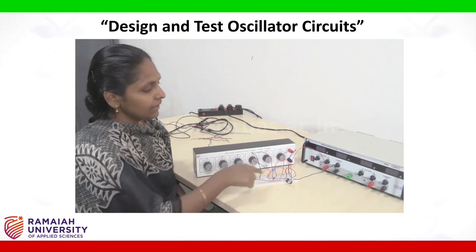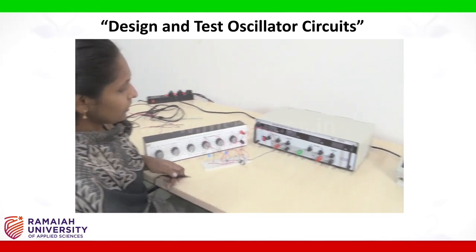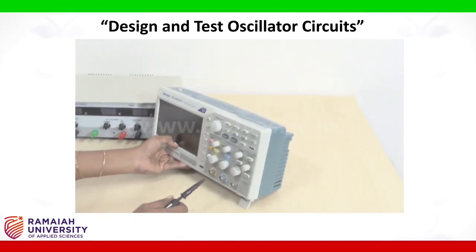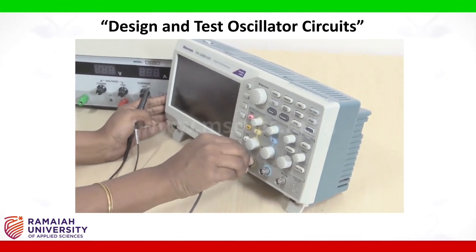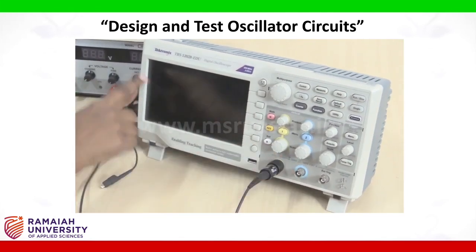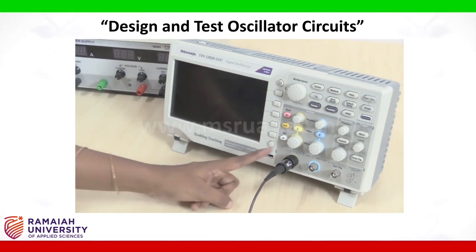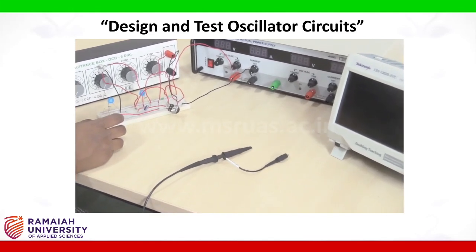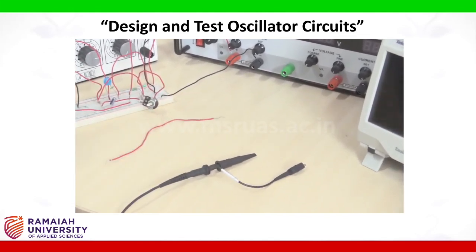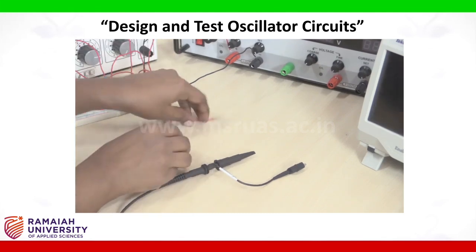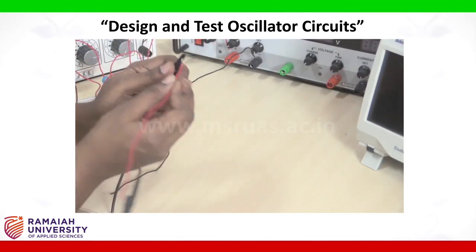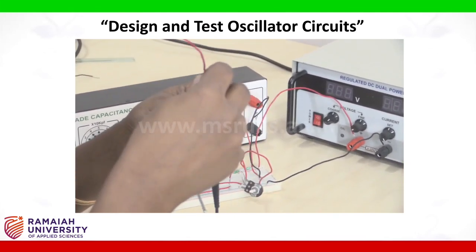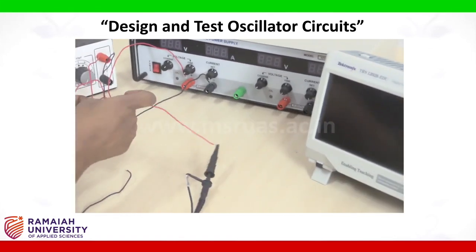Now after giving this DC supply, to verify the output we need an oscilloscope. So connect a probe to the oscilloscope's first channel. Now take two connecting wires, connect one from positive of oscilloscope to output terminal.